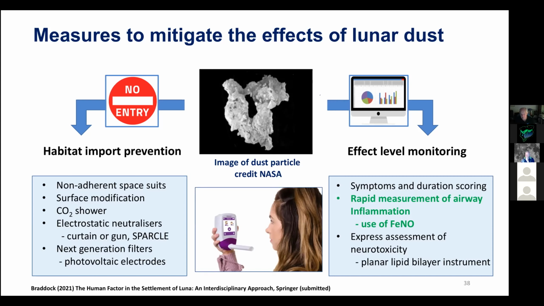You can buy pheno monitors at home that give you an indication of how healthy your lungs are with respect to an inflammatory component. So it is possible to think of ways to at least, if not mitigate import of regolith completely, at least monitor the effects that it may have.